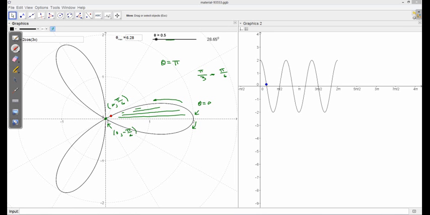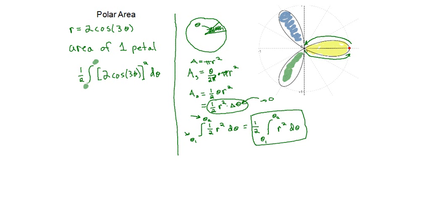And so we're going to start at negative pi over 6 and end at pi over 6, which of course that distance from negative pi over 6 to pi over 6 does give us a complete pi over 3, which is 1 petal. Okay, so now that we know the limits, we can go back and finish our integral. Let me erase the highlighting here.